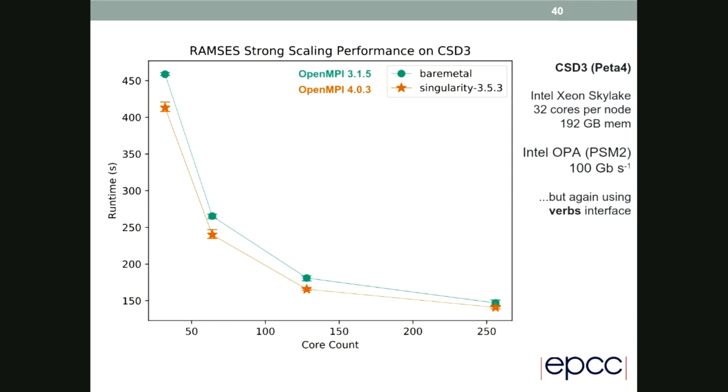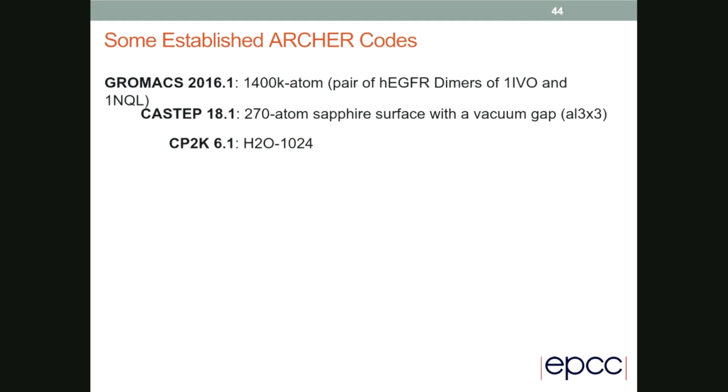So that's Ramses on CSD3. I wanted to look at some ARCHER codes, some codes that are well used on ARCHER and will be on ARCHER2. So moving away from the astrophysical domain, these are biological and chemistry codes: GROMACS, CASTEP and CP2K.